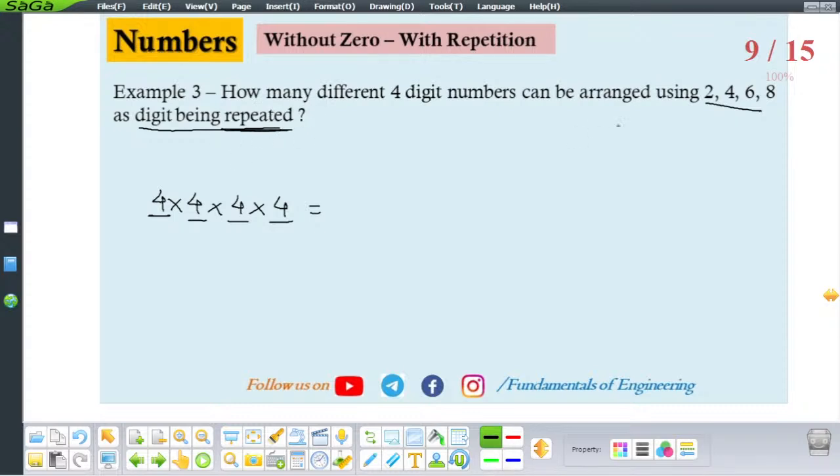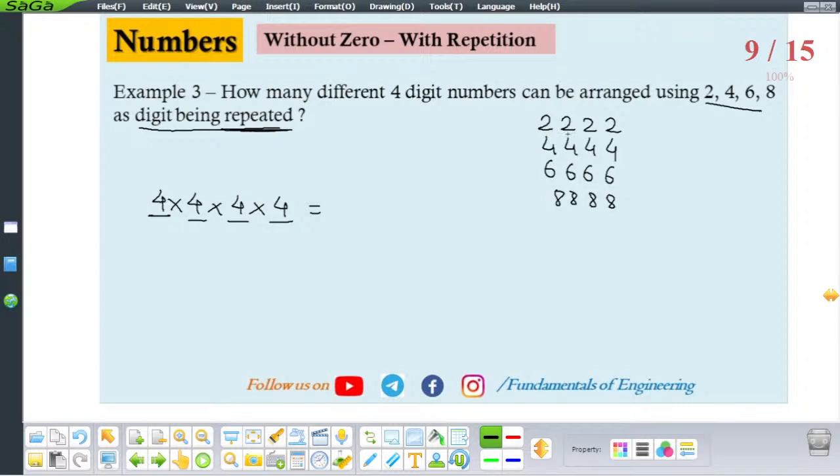We can use them like this. 2 can come at the first, second, third and fourth position, because the digit is repeated. Then 4 can be at the first, second, third, fourth. 6 can be used first, second, third and fourth. 8 can be used first, second, third and fourth.